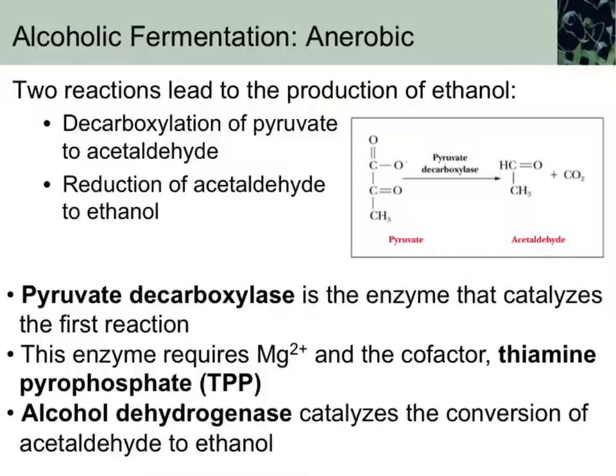If we look at the alcoholic fermentation, they mentioned the decarboxylase, which we'll end up talking about again a little bit later, where it's relevant within the Krebs cycle. But if we take a look at what's happening as we go from pyruvate to acetaldehyde, what changed?